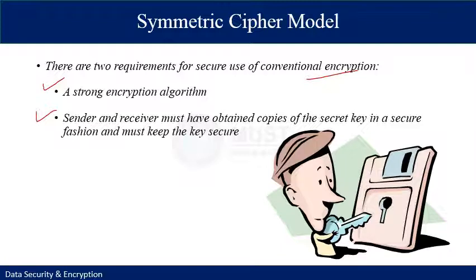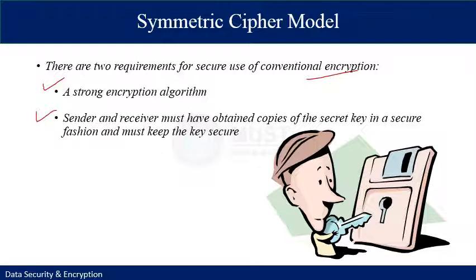To illustrate the first concept, at minimum we would like the algorithm to be such that an opponent who knows the algorithm and has access to one or more ciphertexts would be unable to decipher the ciphertext or figure out the key. That means your attacker should not be able to read the message or find out the key that was used to encrypt the message.